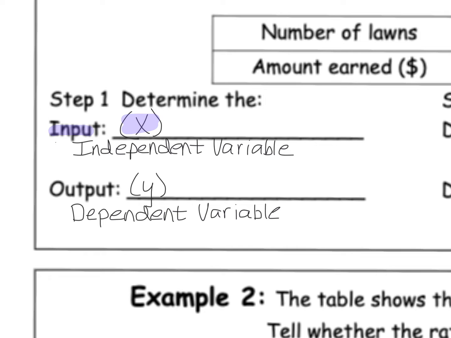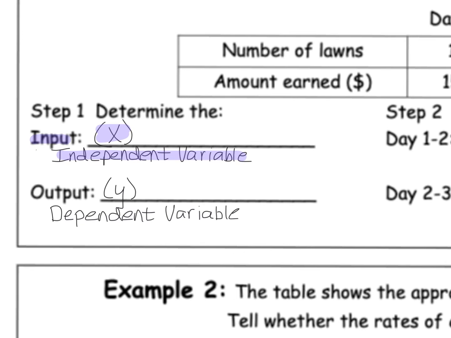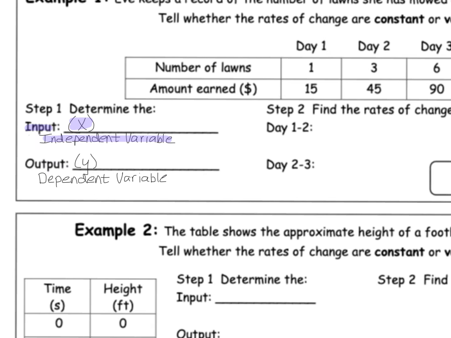First of all, we use the x variable to measure it, and we also call it the independent variable. From previous units, we know that the independent variable is the one that has an impact on the dependent variable. In this case, the amount of money she earns depends on how many lawns she mows. So the money is your dependent variable, and your number of lawns is the independent variable.